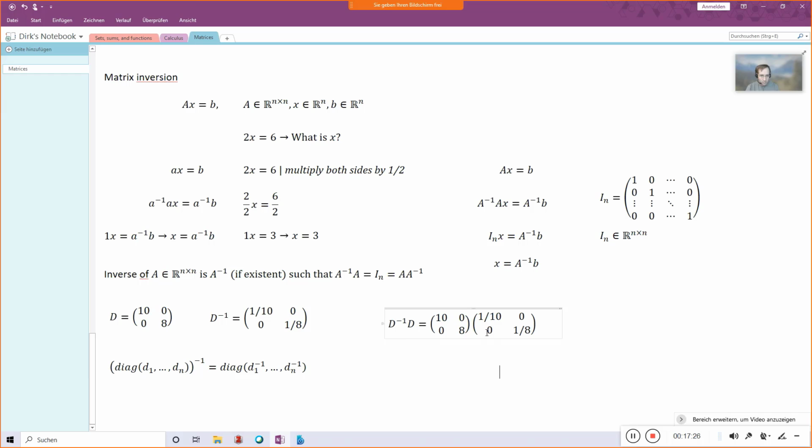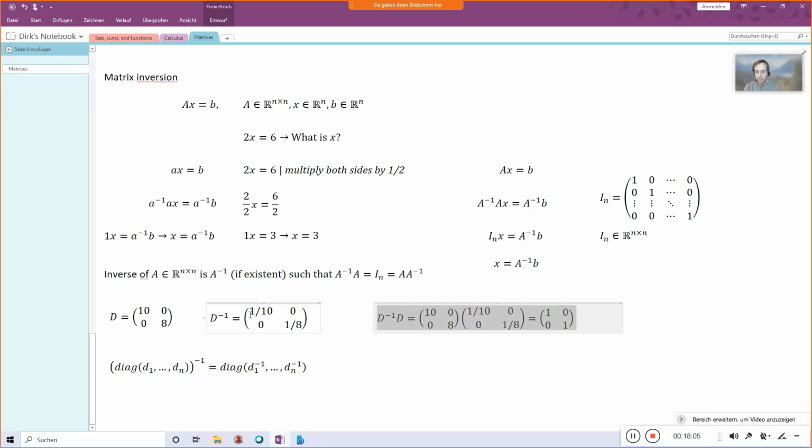And here these zeros yield 0, so we get a 1 here. Then we get 0, and so 10 times 0 and 0 times 1/8, that's 0. And here we get 0 times 1/10, that's 0, and 8 times 0, so we again get a diagonal matrix. And here in the end we get 0 times 0 plus 8 divided by 8, and that's 1. So we get the diagonal matrix, the identity matrix.